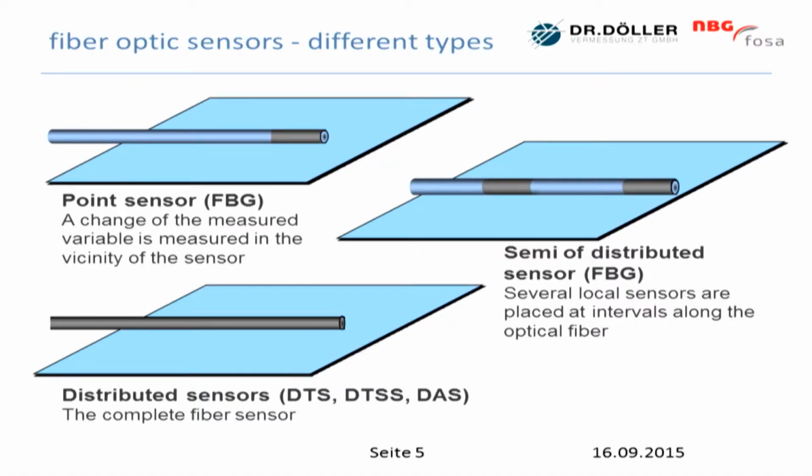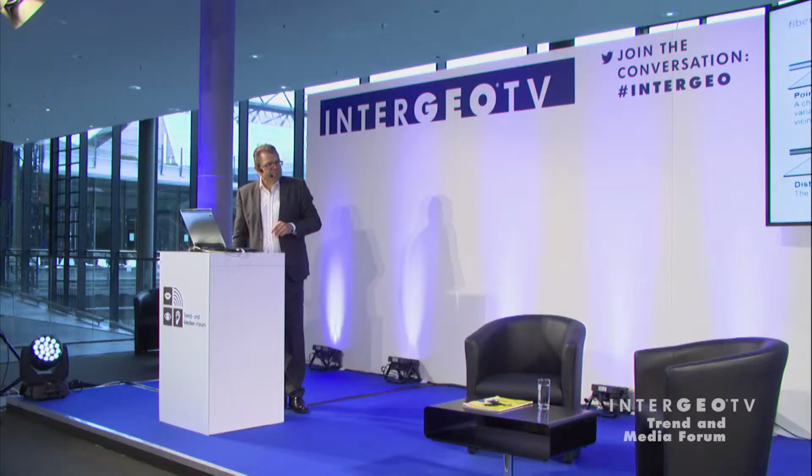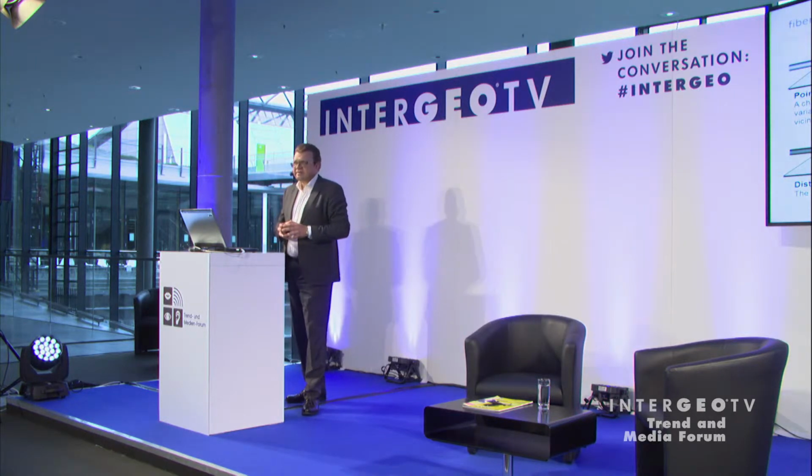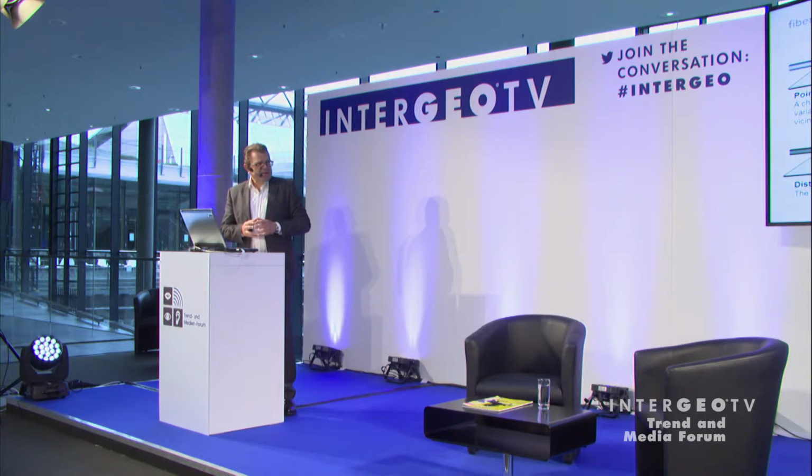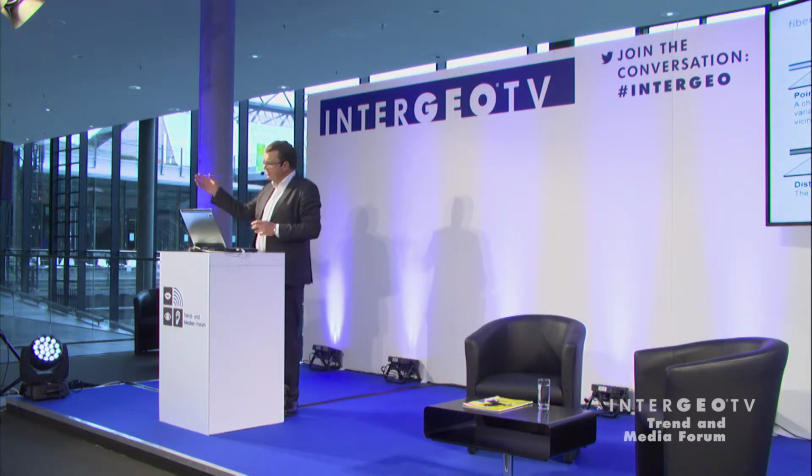And the third, the distributed sensing, is to use the cable as a sensor. This describes, in very easy terms, the different types of fiber optic sensing. We will show you that it's not a theoretical application, but is also well used in our daily practice, and at the end of the presentation we will give you the state-of-the-art development we made in the last years.